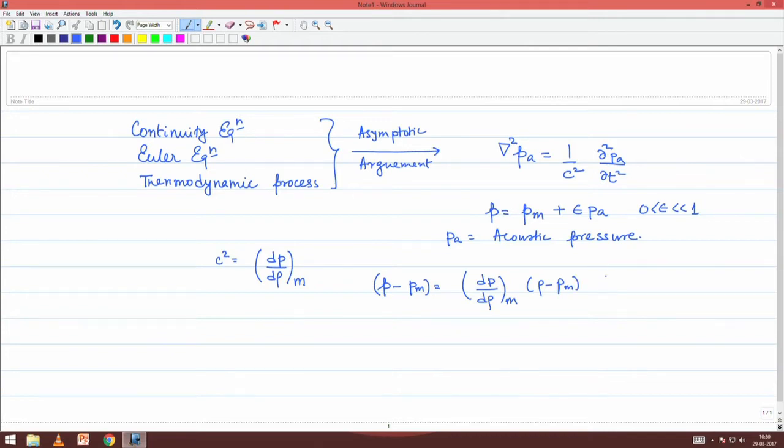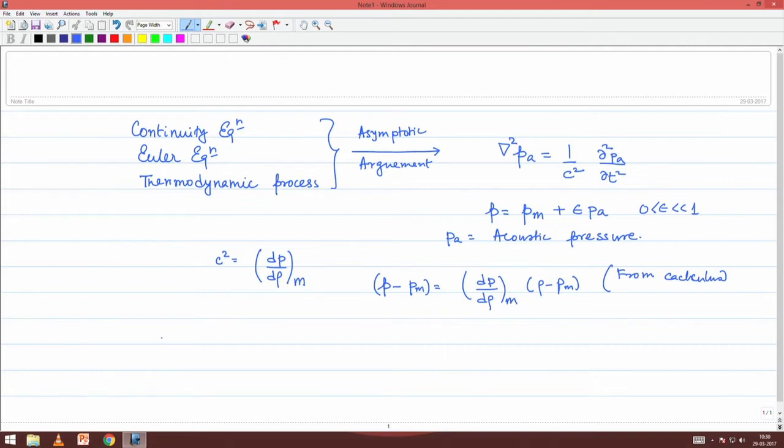So, this is from calculus. Presently we will try to elaborate this quantity C square. Remember, C square is precisely abbreviated as this derivative dP d rho evaluated at the mean conditions.